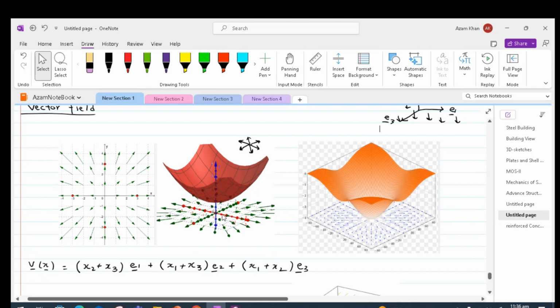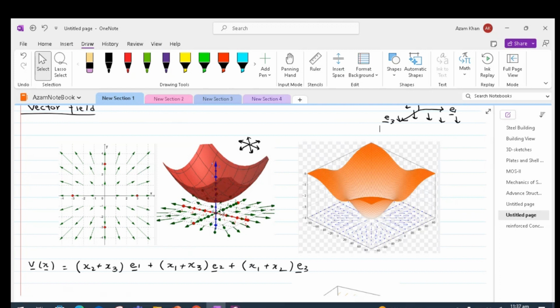We can see that the arrows at the origin are 0, and as they move out of the origin, their magnitude slightly increases. So this tells us that the function is becoming maximum as we go away from the origin. And that is true from this graph, that the value of the function increases as we come out from the minimum value of the function. This also tells us that the value is maximum at the edges. So the value of the function is maximum at the edge.